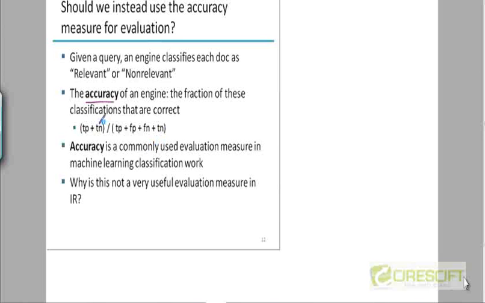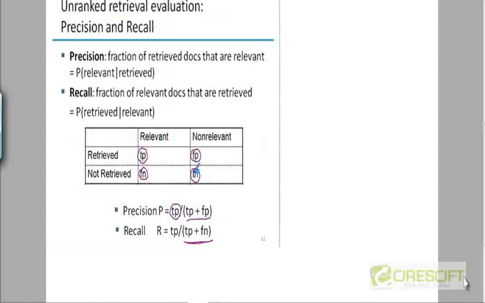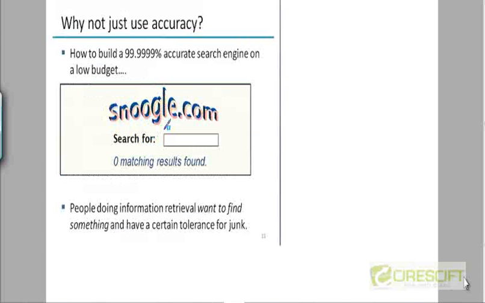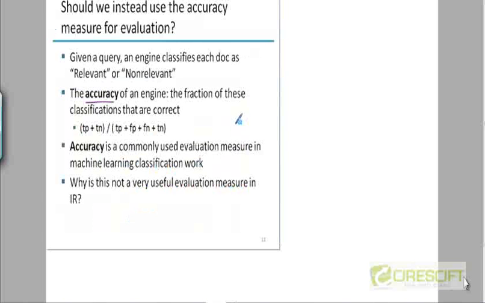So what's going to happen is that most of the documents will actually not be relevant. Maybe 99.9% of the documents are actually not relevant, and it's only 0.1% that are relevant. But Snoogle.com is deciding that 100% of the documents are not relevant.